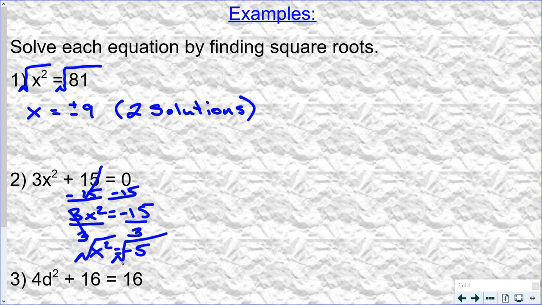You can't ever take the square root of a negative number because there's nothing multiplied times itself that'll give you a negative. To get a negative product, one of the numbers has to be positive and one has to be negative. So this is an example of one with no solution. If you think about the graph of that, it's been translated up and doesn't actually cross the x-axis, whereas the first one crosses the x-axis twice.